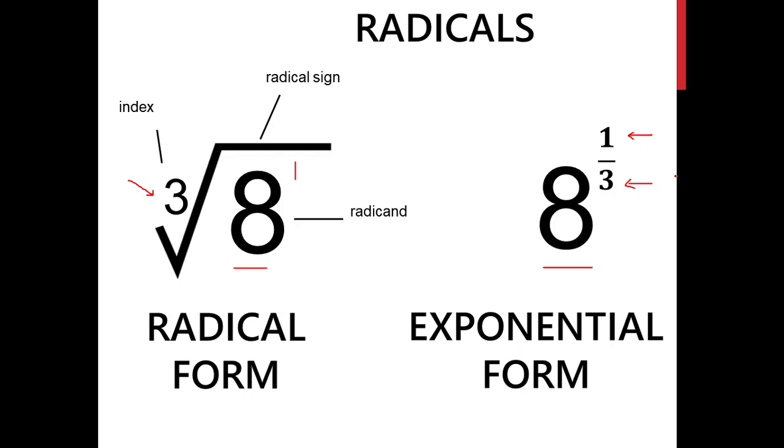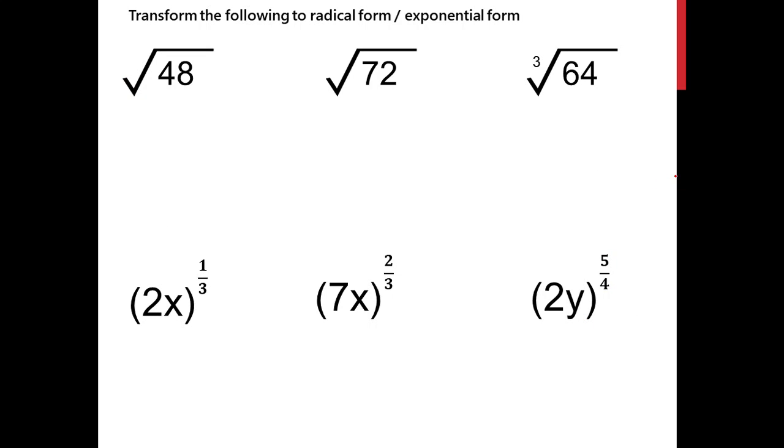Now to give you a clearer view of this one, let's have an example. Say we need to transform the radical form to exponential form, or vice versa. So I have here the square root of 48. When we say square root, here we have an imaginary index of 2. So the index for square root is 2. Now, to transform this into exponential form, let's just copy the radicand.